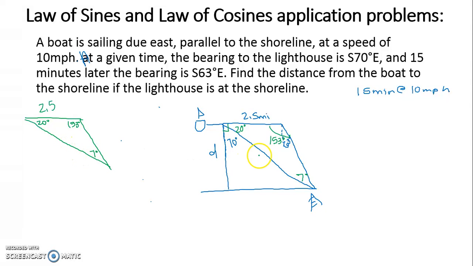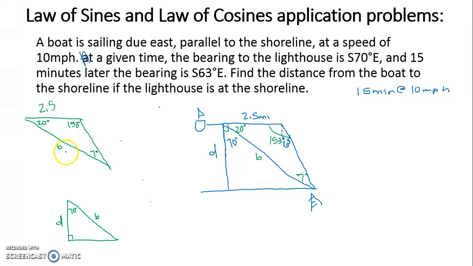If I could find this distance here, I'm just going to call it B. Then I do have a right triangle here that I could use. So I'm going to draw that down here so that we can see it. So I want to find this distance D. We're going to find B by using this triangle. I know this angle is 70 degrees. Alright, so let's go to this triangle where I actually know some information.